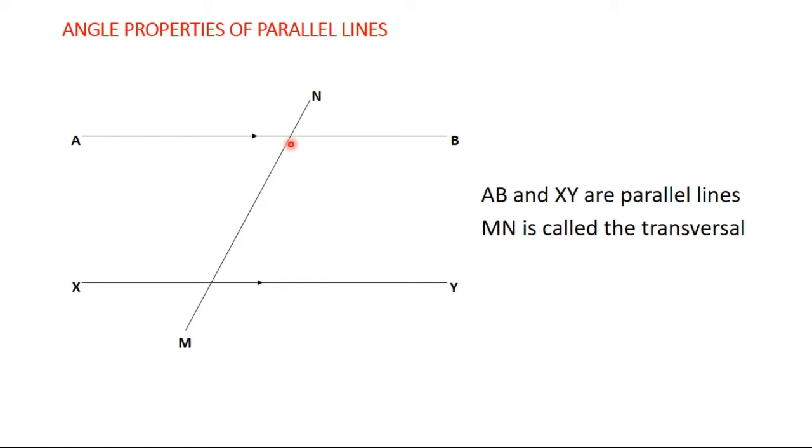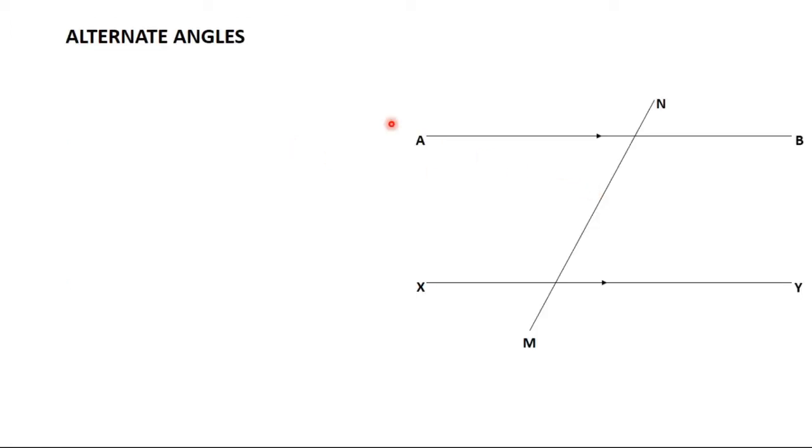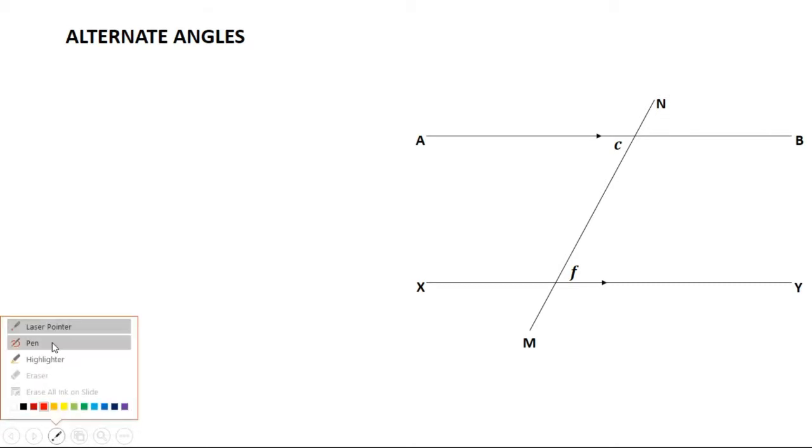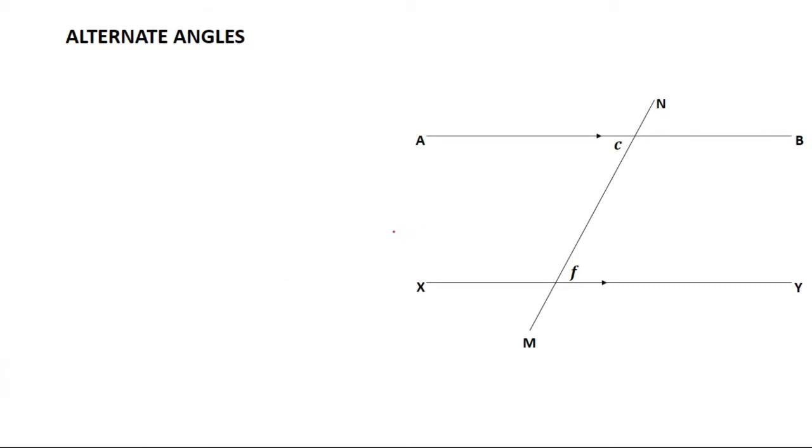The first type of angle you are going to form whenever you have this is what we call the alternate angles, or the alternating angles. Now, where can we find them? You can see in this diagram that we can have an angle here which is C and an angle here which is F. Look at the position of C and F very carefully.